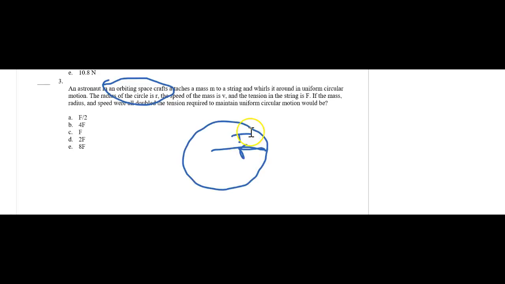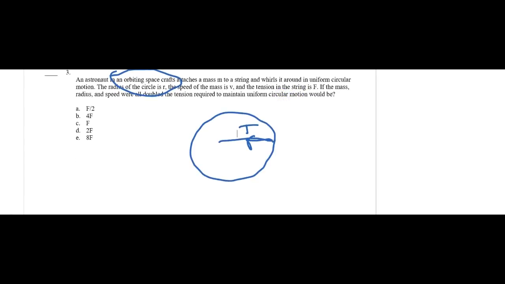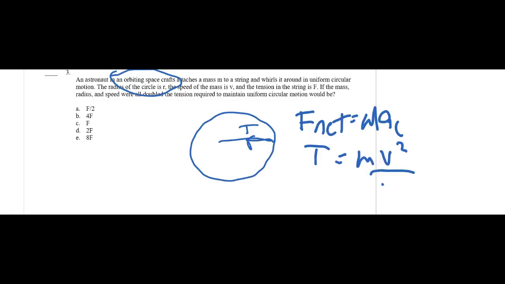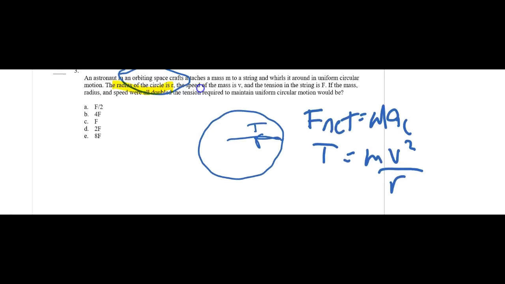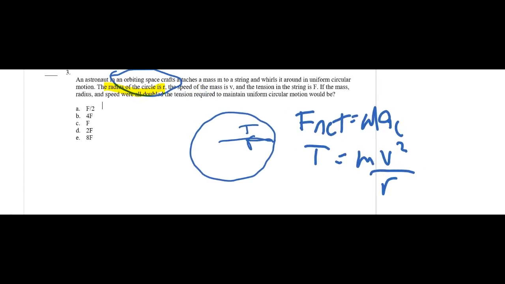So my F net statement equals m a c. So tension is toward the center times the mass. Then it asks about velocity, so this has to be v squared over r. Let's see, the radius is r, the speed is v, and the tension is this. Oh, here's what I was trying to get.